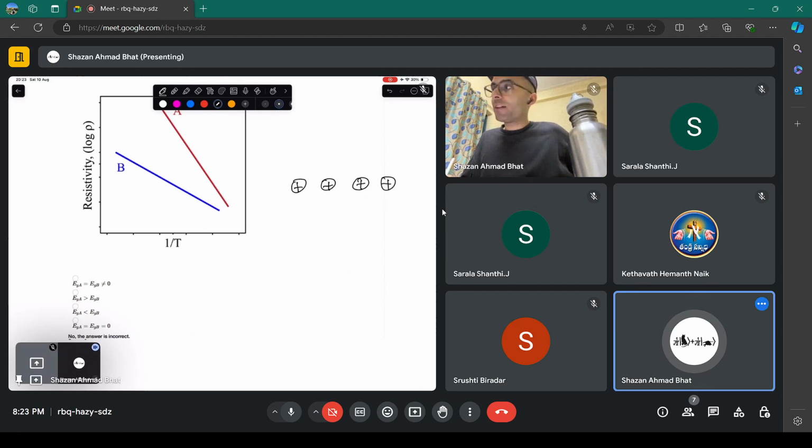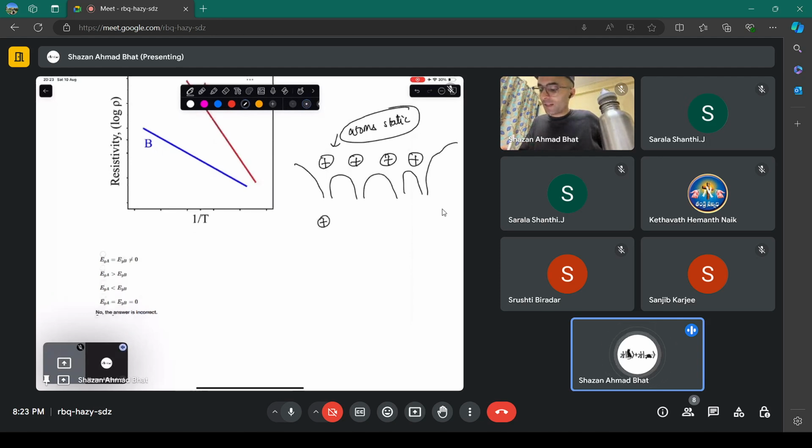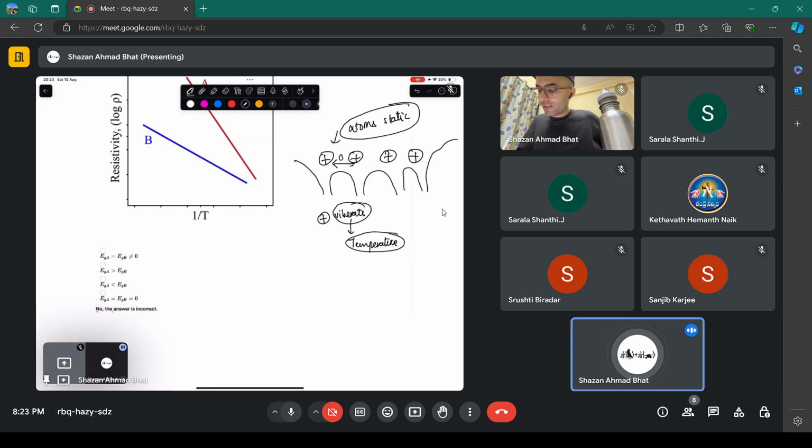You notice that when I drew this potential in the first slide, I considered these atoms to be static, that means they were not moving at all. But that's not the case. These atoms vibrate, and what increases the vibration is temperature. And this particular lattice constant is also changed by the temperature.